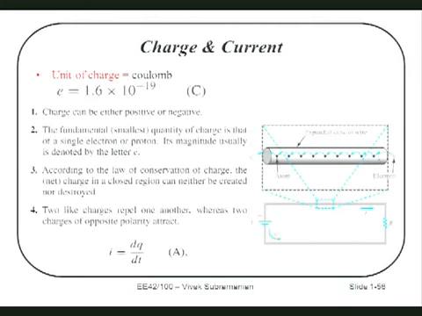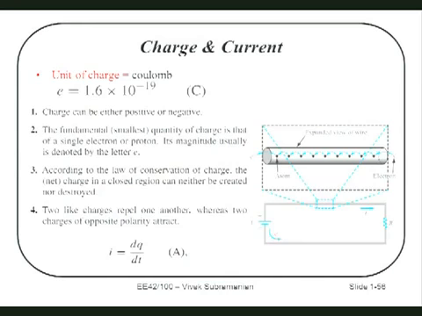Now, there are some rules that we're going to use for some of our work. Let me give you some statements about charge, and then we'll talk about the implications of them. First statement, charge can be either positive or negative. An electron is negative.